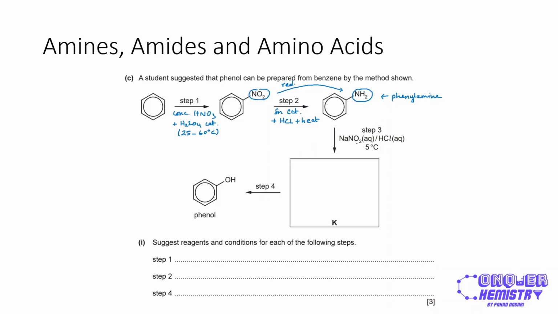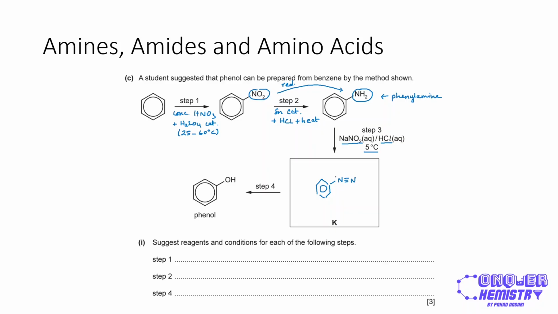Now in step 3, we're going to react it with a mixture of sodium nitrite, which is NaNO2, and HCl at a low temperature of less than 10 degrees Celsius, and that's basically going to convert your amine group into a new functional group, which is going to be called the diazonium ion.